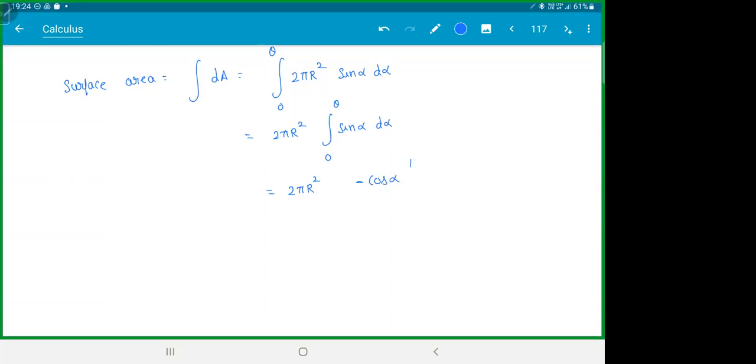Hope you remember that. Limits will go from 0 to theta. So 2 pi r square minus, first put theta, cos theta, then put 0 and subtract them. That's how you take limits. Cos theta is cos theta, cos 0 is 1. So 2 pi r square into 1 minus cos theta.